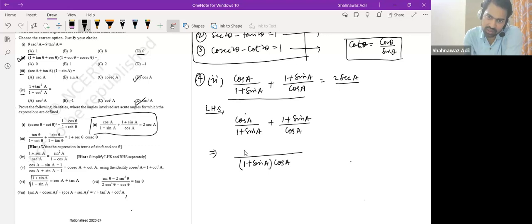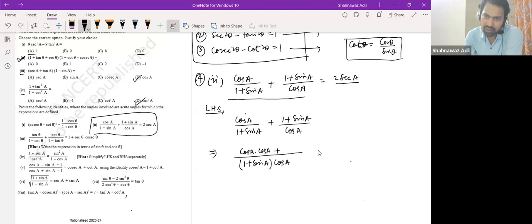So what should be here in the numerator? No. We have taken the LCM, right? So 1 plus sin A into cos A is the LCM. So first we will divide this with this. So we will get cos A. So this cos A will be multiplied with the numerator, right? So cos A into cos A.